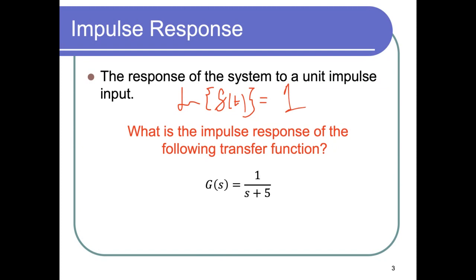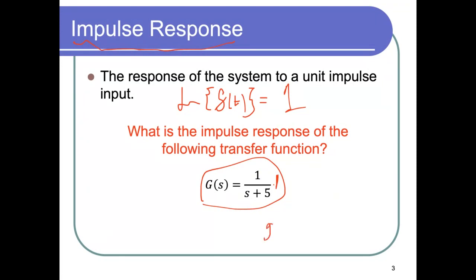So we have what's called the impulse response. How will the system behave for a given impulse input? If I give you a transfer function G(s) equal to 1 over s plus 5, then it's the same as G(s) multiplied by an input, impulse input, which is just 1 in the frequency domain.